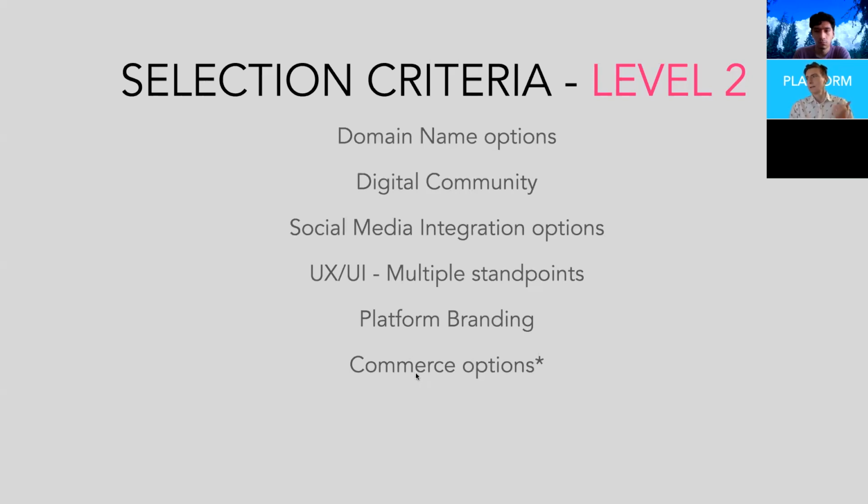And then commerce options, and this is just for the portfolio side of things. Obviously, if you are wanting to sell your work, then that should be a level 1. But there are some platforms that have commerce built in, or you're able to add it on for a slightly different price.